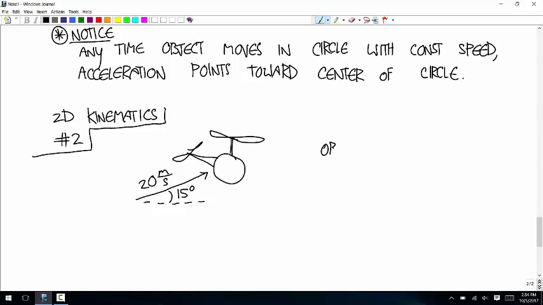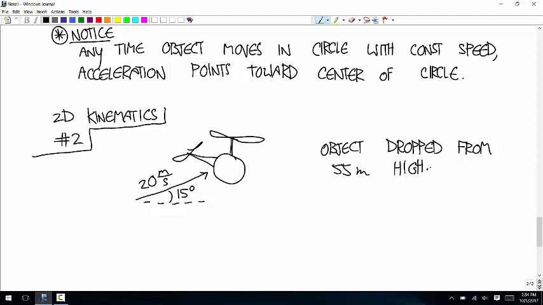An object's dropped when the helicopter is 55 meters up. And it asks a few things that are pretty similar to what we've been calculating.